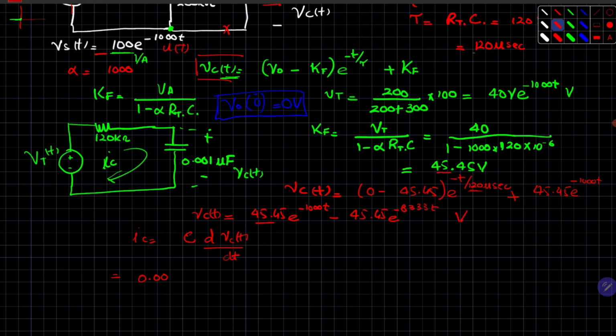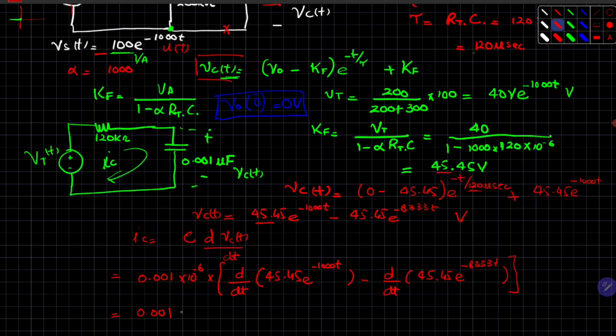That is 0.001 into 10 raised to power minus 6, multiplied by d by dt of 45.45 e raised to power minus 1000 t, minus d by dt of 45.45 e raised to power minus 8333 t, and this whole multiplied by 0.001 into 10 raised to power minus 6.